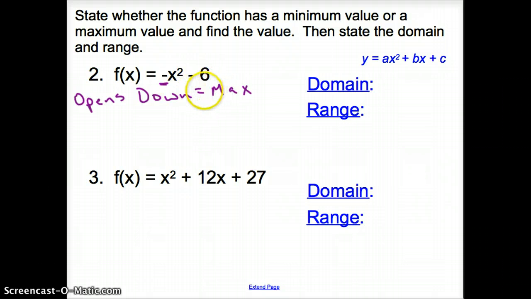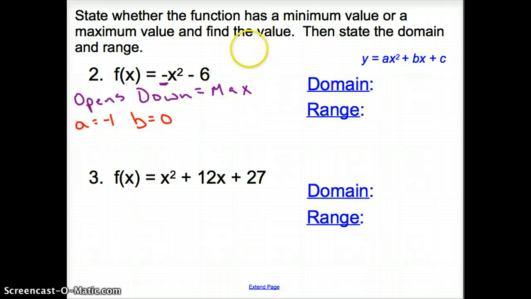To find our maximum value, we have to find the axis of symmetry and then plug that in to find our vertex. So let's go ahead and try it. First things first, our A is going to be -1. Our B is going to be 0 because there is no x term there.